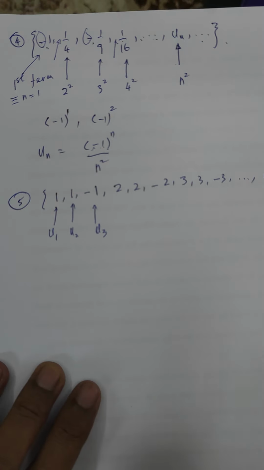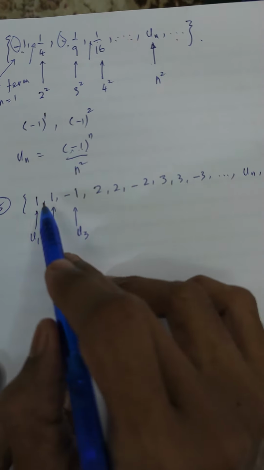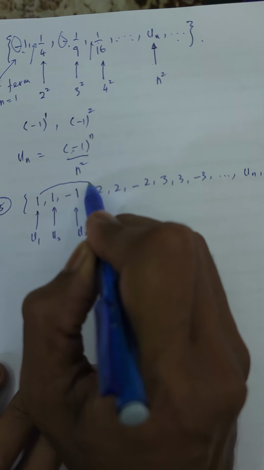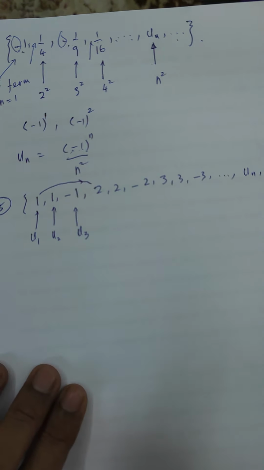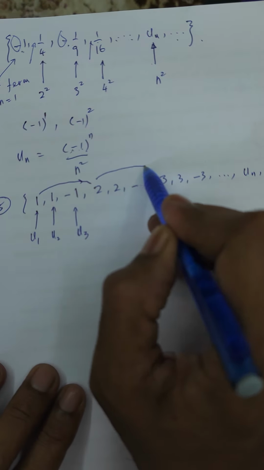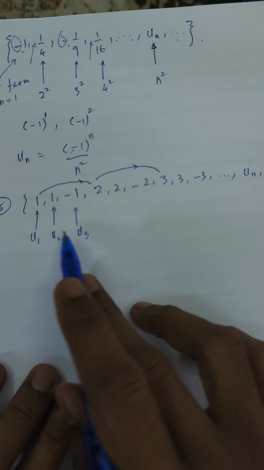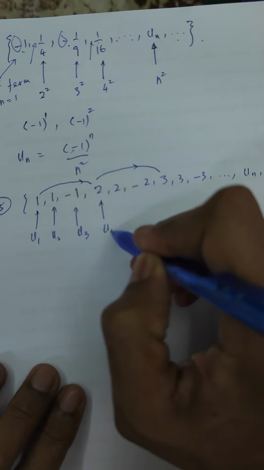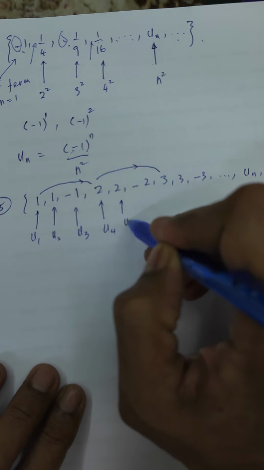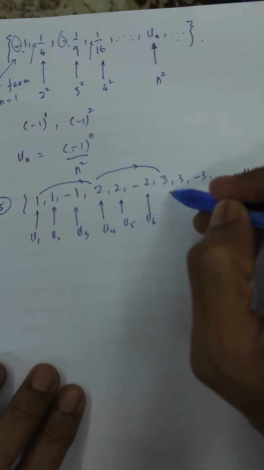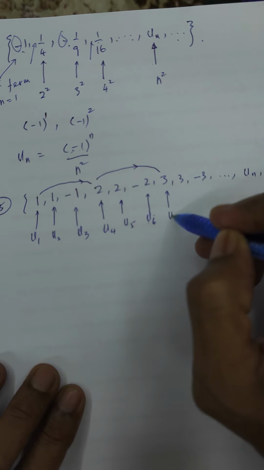If you look here, they really change here, 1 to 4, and then 2 to those terms. So this is term number 3, term number 4, U4, this is U5, this is U6, then we have U7 here.